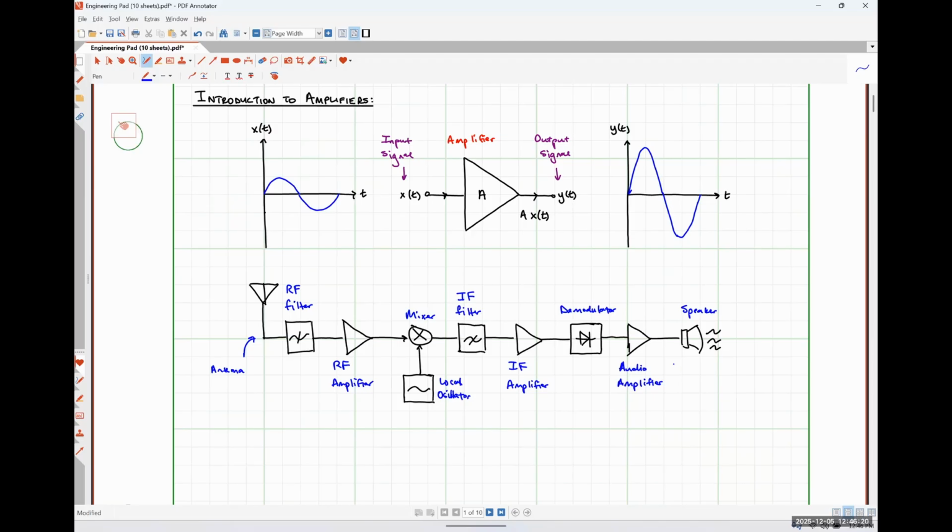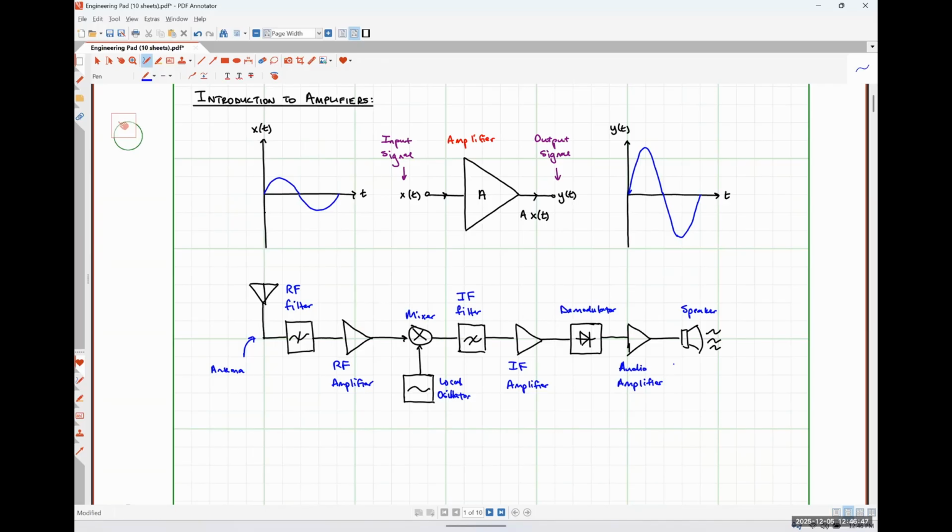A speaker has physical mass that we need to move with this electrical signal through electromagnetic induction, which you guys will learn all about later in your classes. But essentially, if we don't give this signal enough power to literally move the speaker cone, we wouldn't hear anything. That's why we have so many intermediate stages here: some voltage amplifiers, some current amplifiers, some power amplifiers.